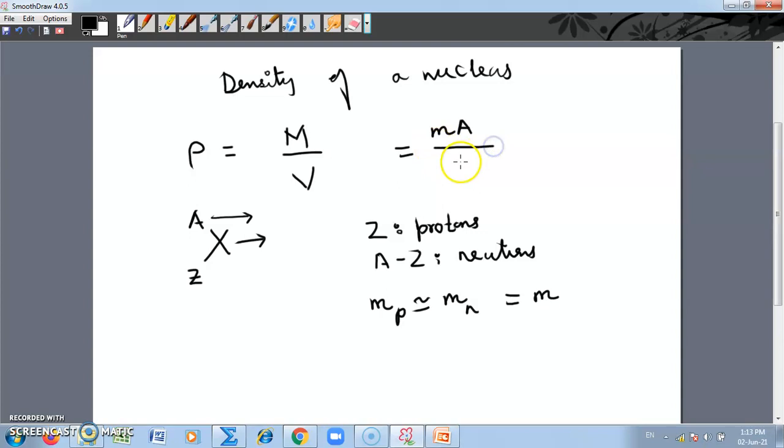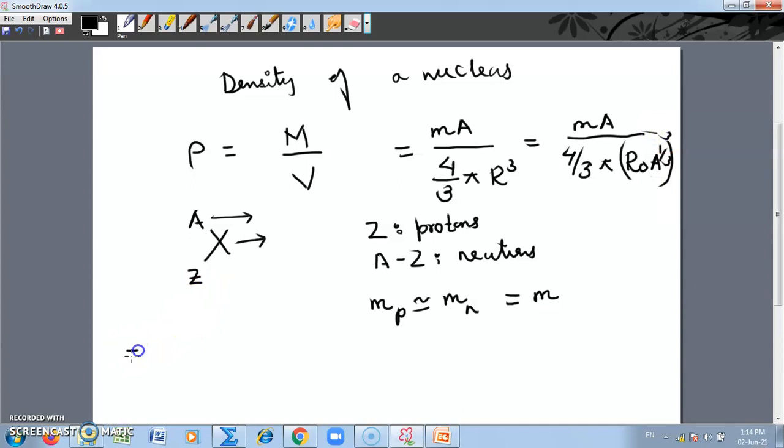And what about the volume? We know it's 4 by 3 pi r cube. Now rho is equal to m into A divided by 4 by 3 pi r cubed. What is r? We just learned it is R naught A to the power 1 by 3, the whole cubed.